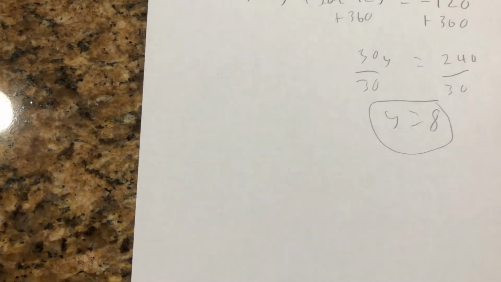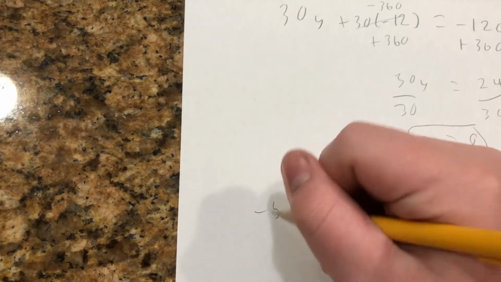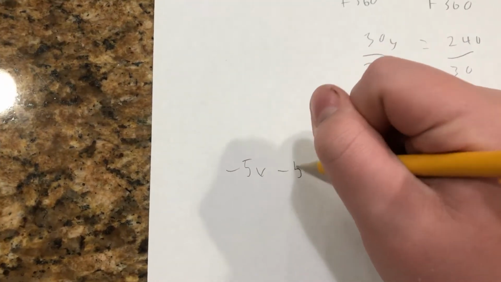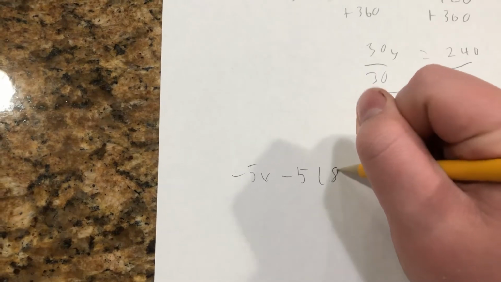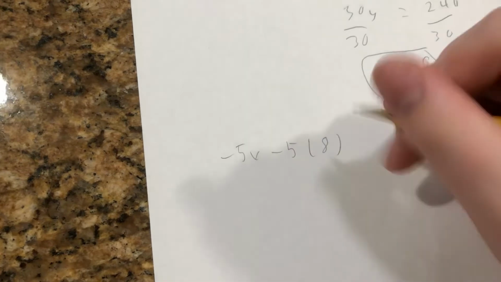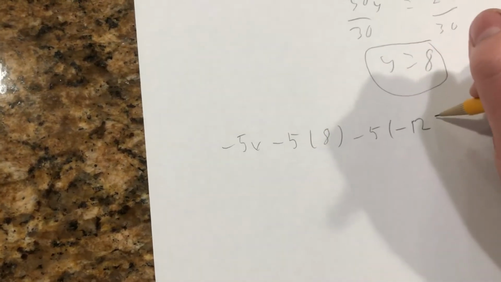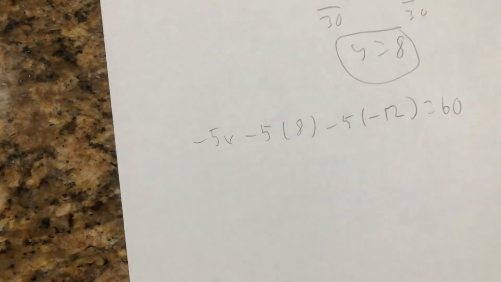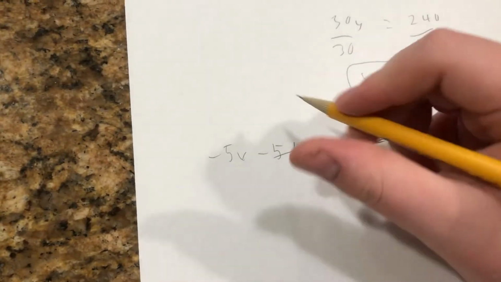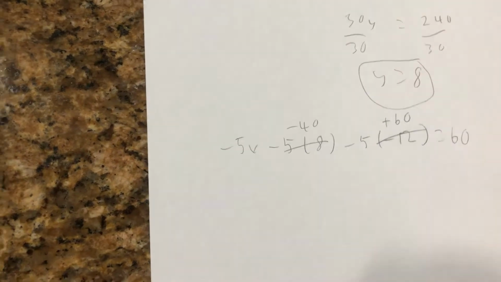We will next plug that into another equation, which is negative 5x minus 5 times 8 minus 5 times negative 12 equals 60. We'll next cancel both of those out and get negative 40 and 60.